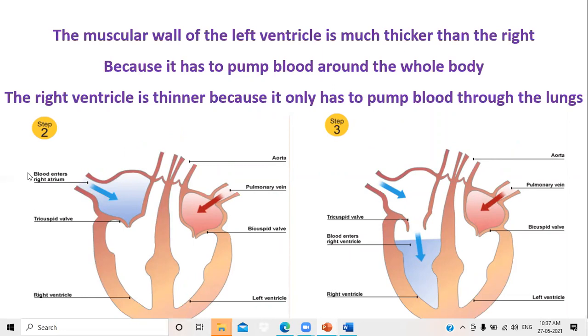It will get back to the heart through the vena cava, into your right atrium, into your right ventricle, into the pulmonary artery, back to the pulmonary vein, then to the left atrium, to the left ventricle, to the aorta, and so on. Do you get it, guys?